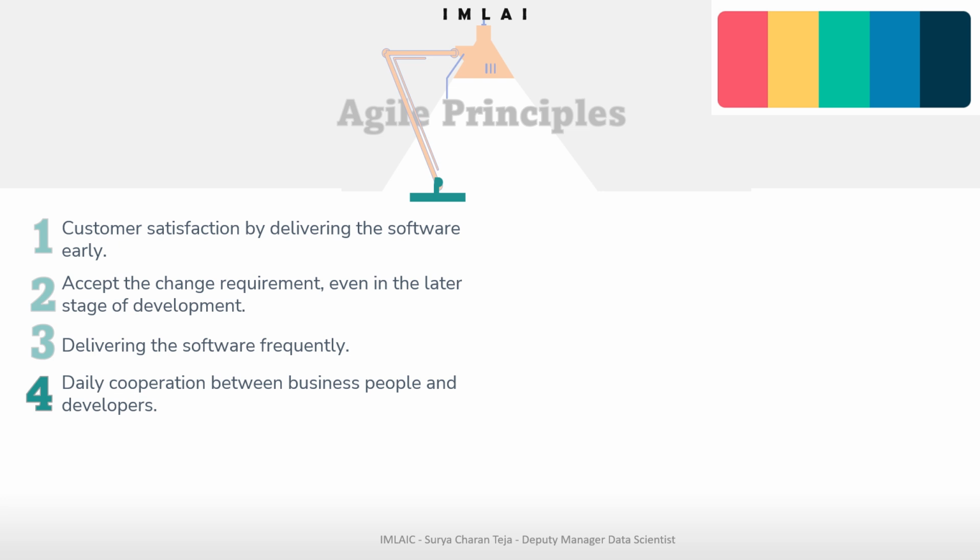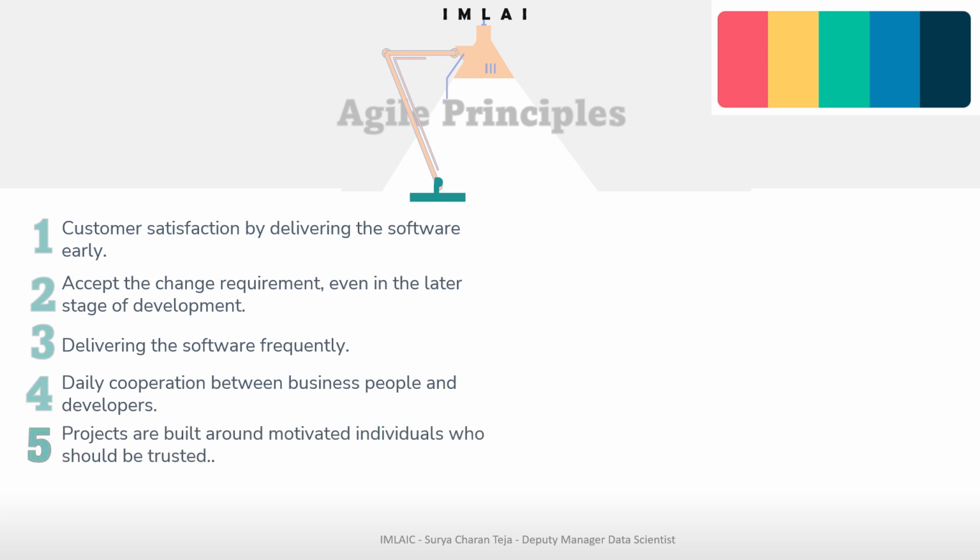When there is daily interaction between business people and developers, it helps the developers work in the right direction and adapt if any changes are requested by the customer, and the client will be aware of the progress happening in the team. This makes the work happen smoothly and transparently.